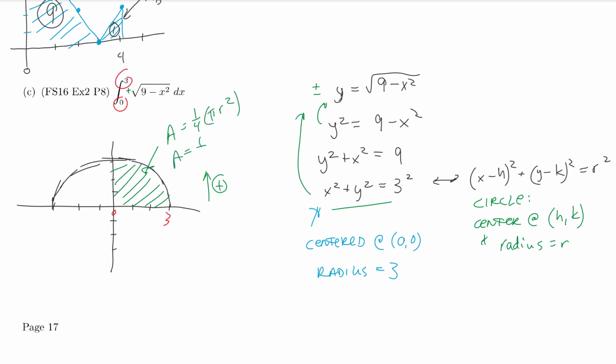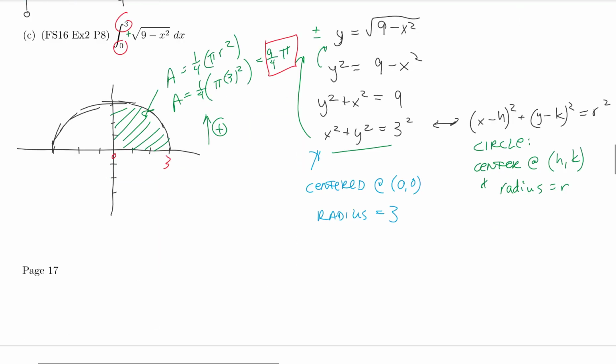So our area is going to be 1/4 times pi times 3 squared, which is just equal to 9/4 pi. So the answer to this problem is 9/4 pi by using the area of a circle. All right, hopefully that made sense. So I'm going to give you a second to jot down those notes, and then we'll go on to the next example.